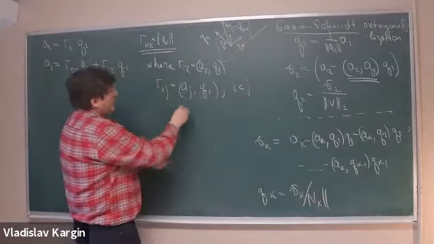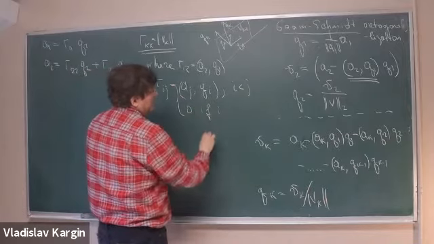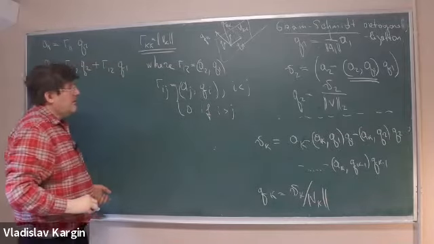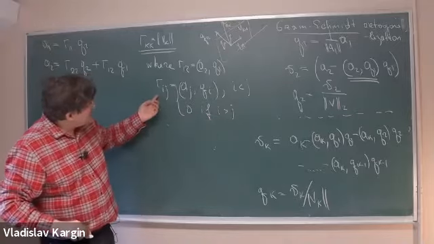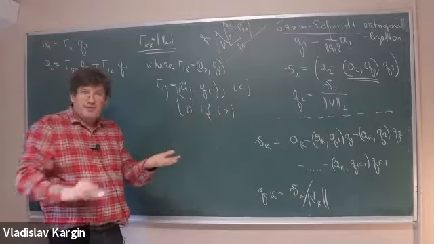It will be 0 if I is greater than J. So the lower diagonal elements of this matrix R will be equal to 0, so it will be an upper triangular matrix.